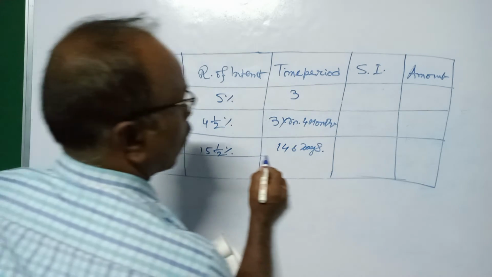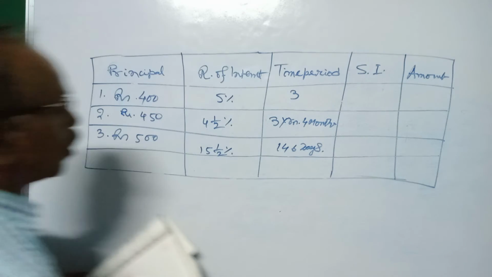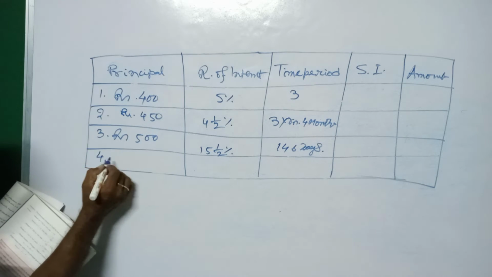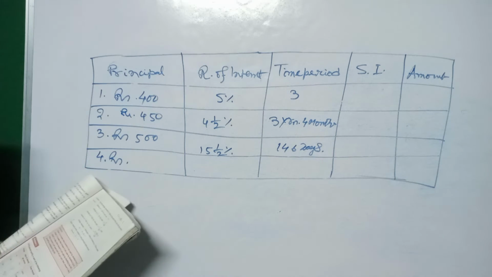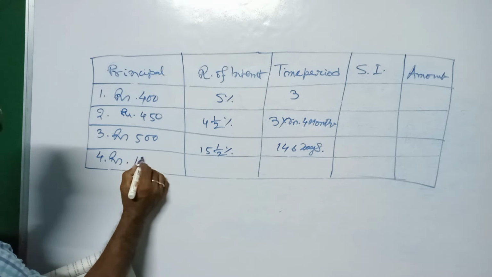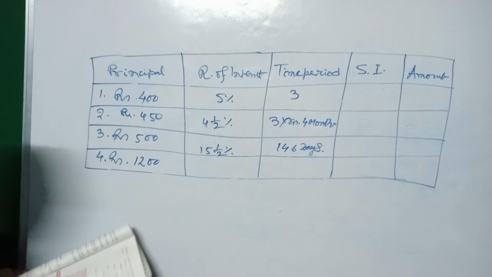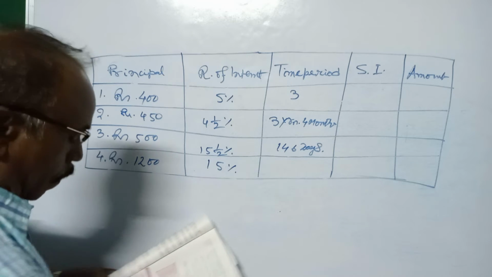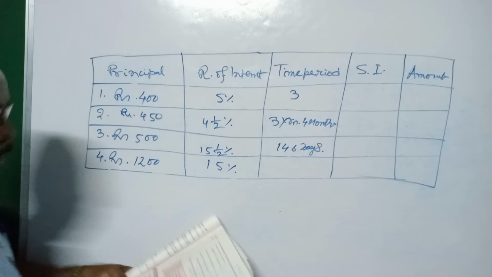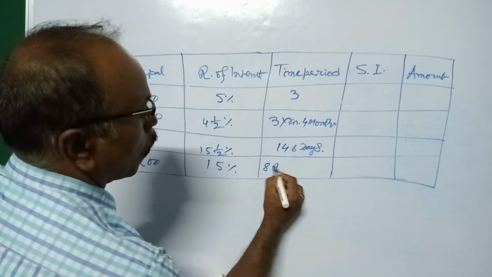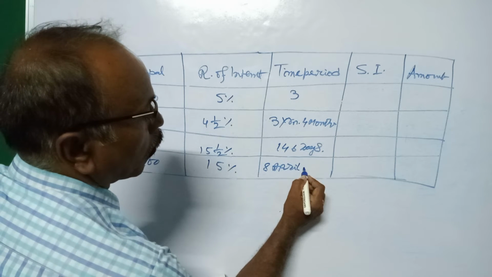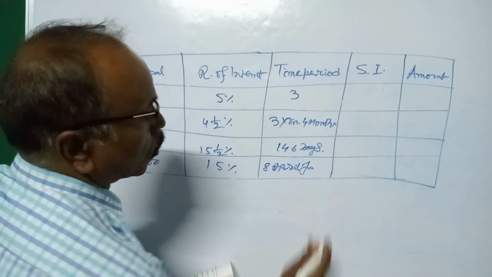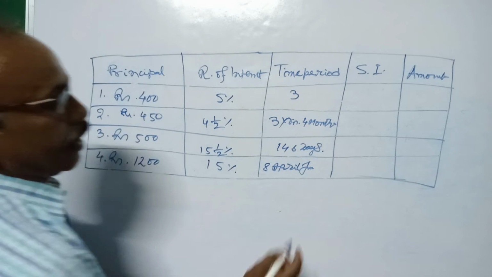Next, rupees 1200, 15%, 8 April to June 20.